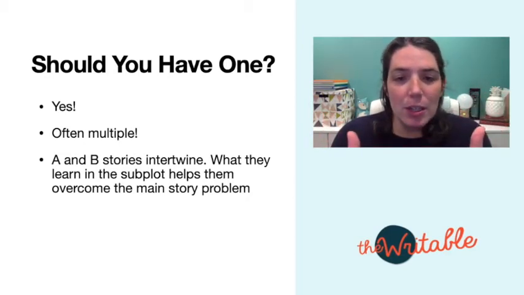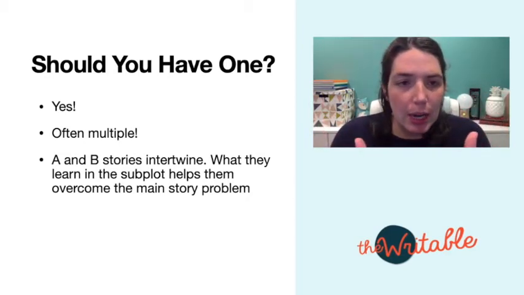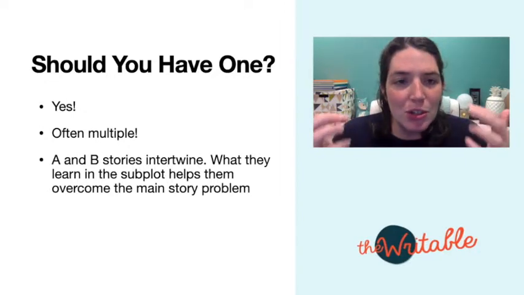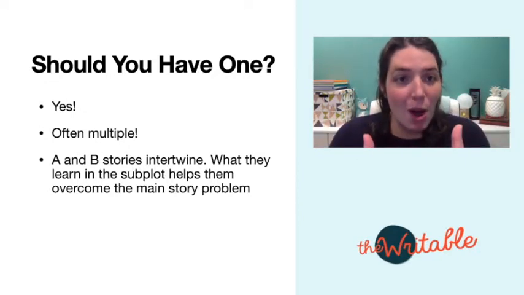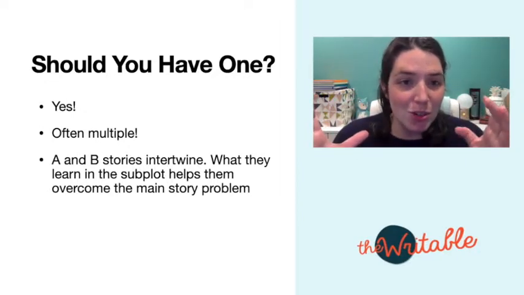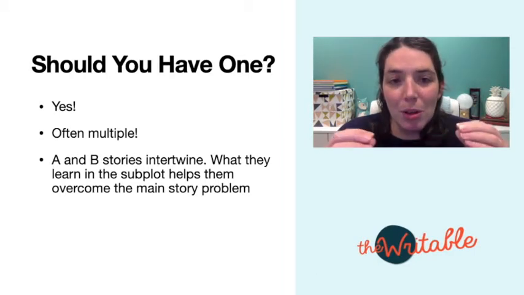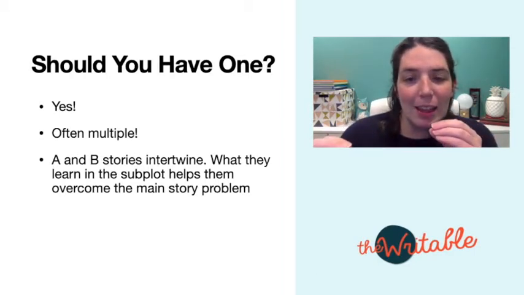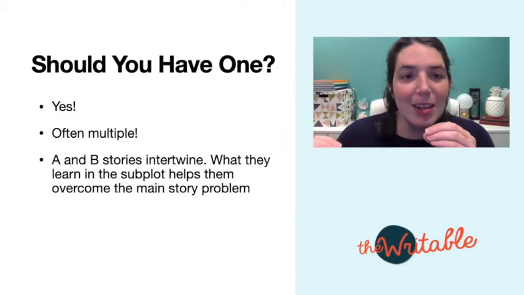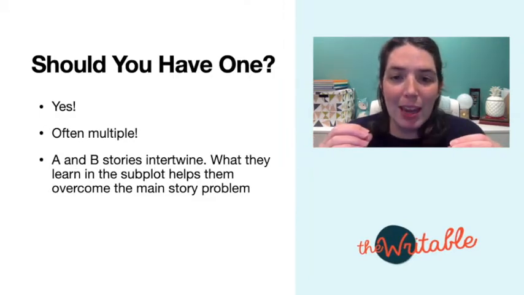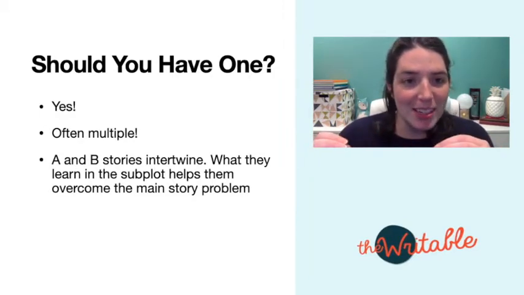And you might have heard, especially if you've studied any screenwriting, that the A and B stories are always going to intertwine. So your main plot, your A story, and your B plot, which some people would call a subplot. For me, it's the main other plot.